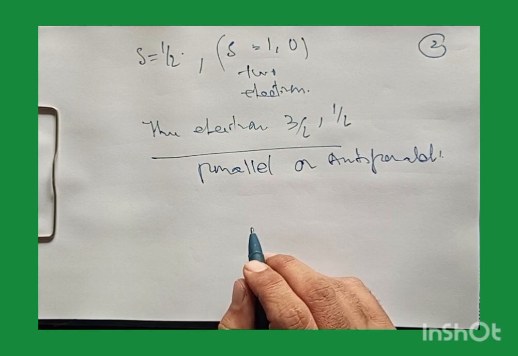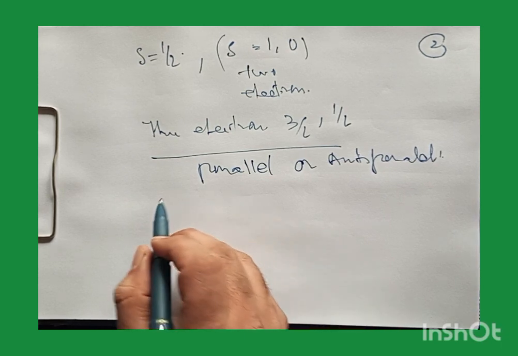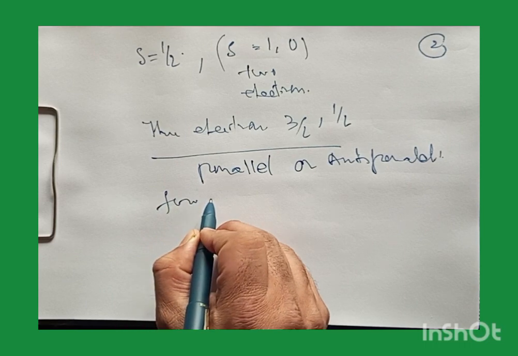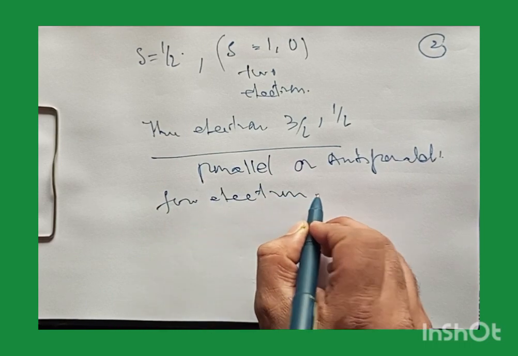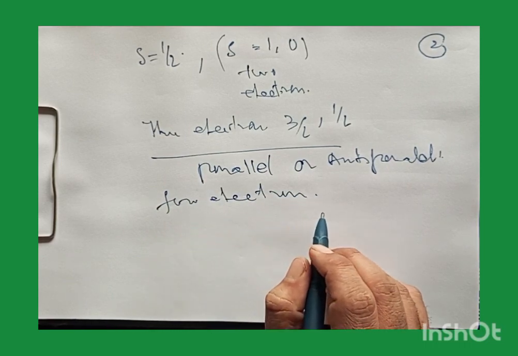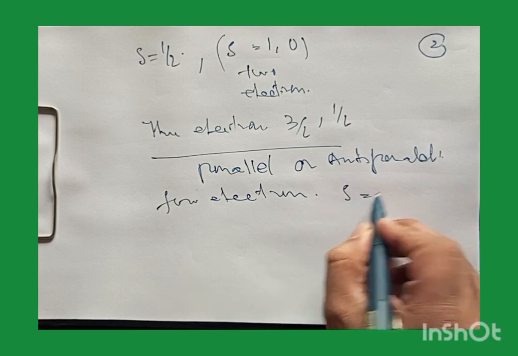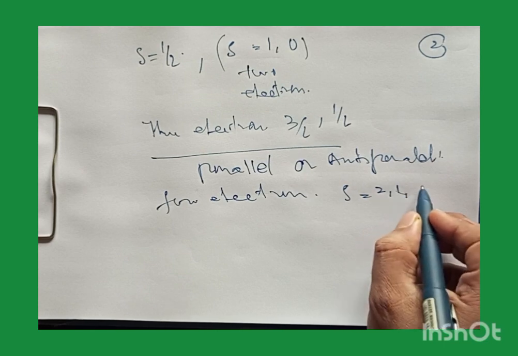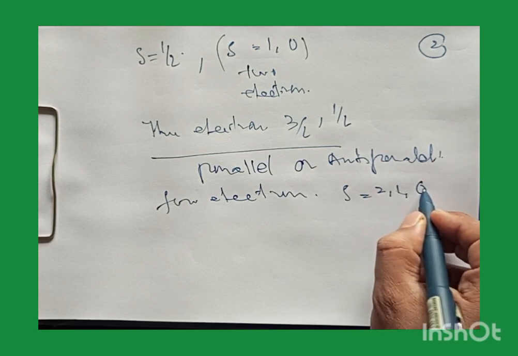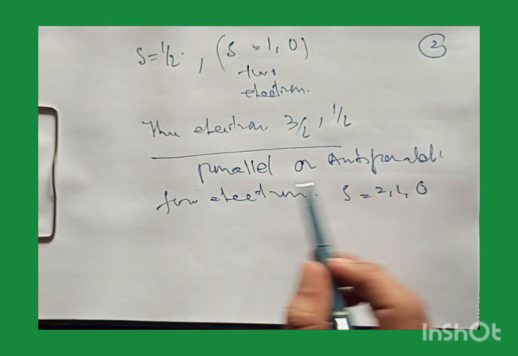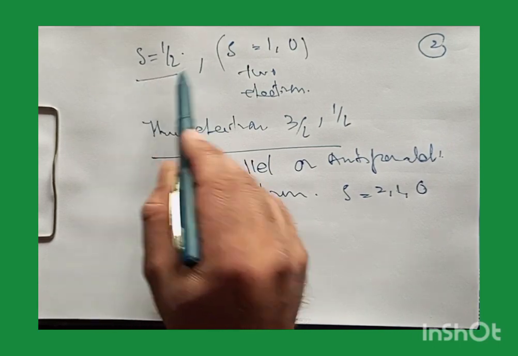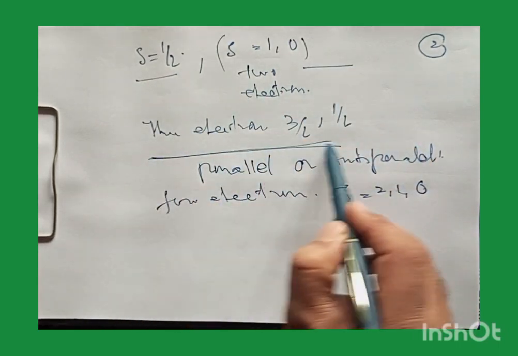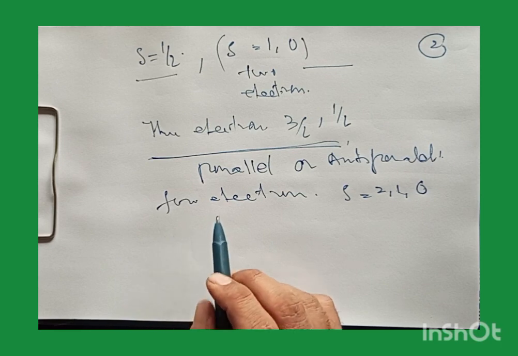And if we take an example of 4 electrons, in this case S can have two values. It can have a value equal to 1, or it can have a value equal to 0, for the same reasons that I talked about: one electron system, two electron system, three electron system, and four electron system.